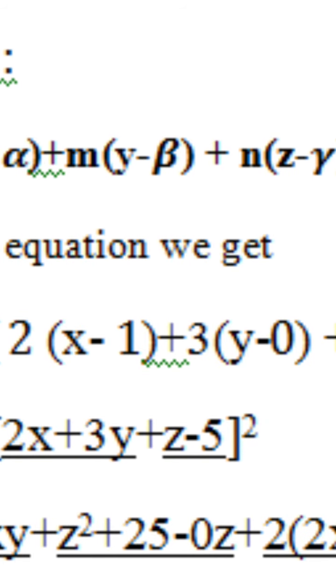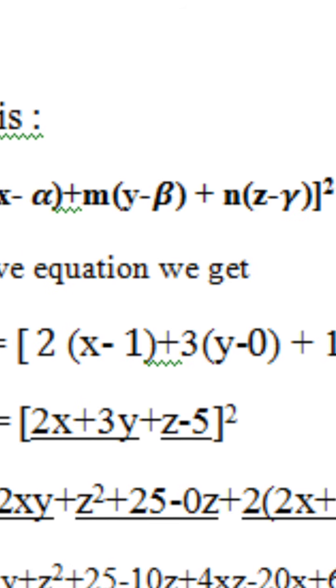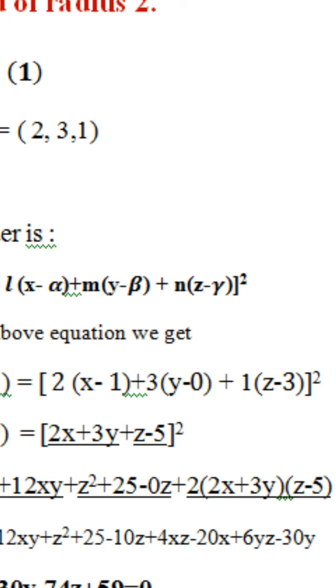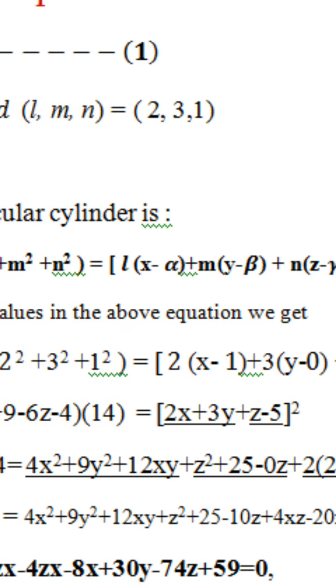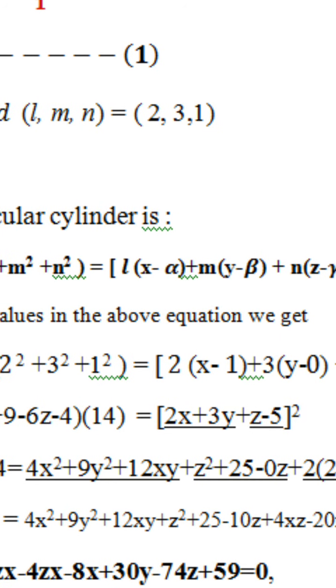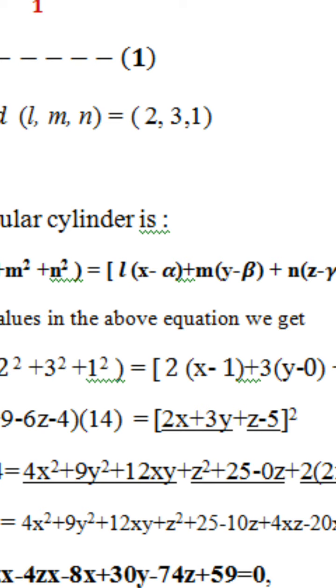Here we have 4 terms. We know the formula for (a plus b plus c) whole square, but here 4 terms are there. So what you have to do is let 2x plus 3y be a and z minus 5 be b. Then it will become (a plus b) whole square. Listen carefully. First we will do a square. What is a? 2x plus 3y. So a square means again you apply (2x plus 3y) whole square with the (a plus b) whole square formula.